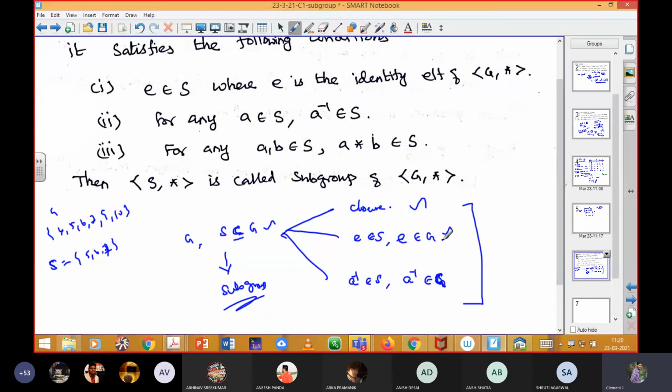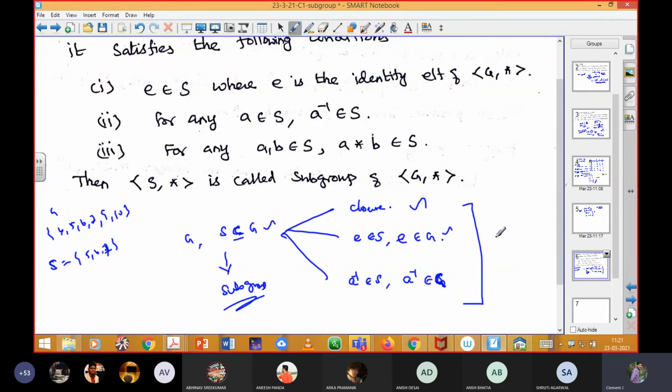Next, if identity element E belongs to G, the same identity element should be there as an element in S. Next, if A inverse is the inverse element in G, the same inverse element should be in S. If it is so, then the given non-empty set with respect to the operation is called a subgroup.